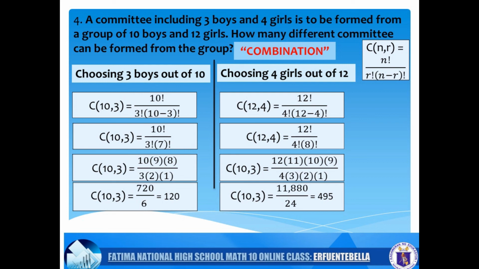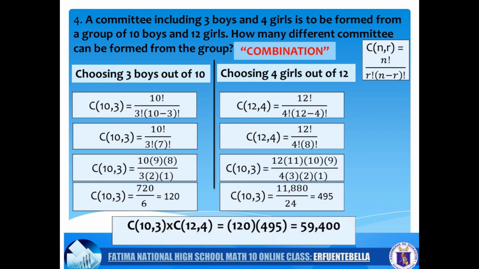Okay, since we're going to combine these 3 boys and 4 girls to create a committee, we will multiply the products. So we have now C of 10 and 3 times C of 12 and 4, which equals 120 from choosing 3 boys out of 10 and 495 from choosing 4 girls out of 12.